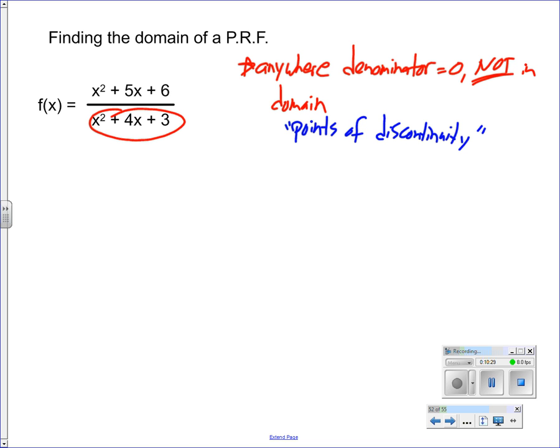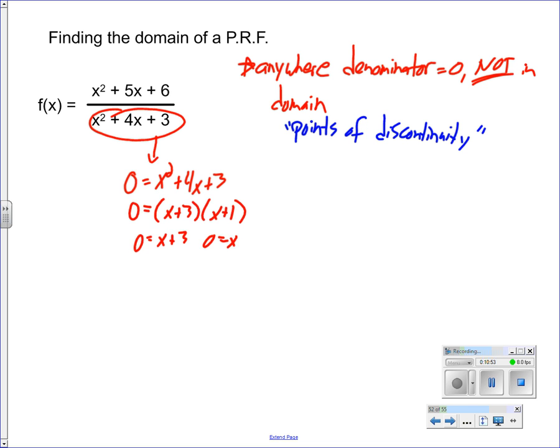So the way we find the domain, we see where this function is not defined. Where is there 0 in the denominator? So find zeros of this denominator. So here the denominator is quadratic, so we can solve this one by factoring. And we get two values here to exclude from the domain, -3 and -1.